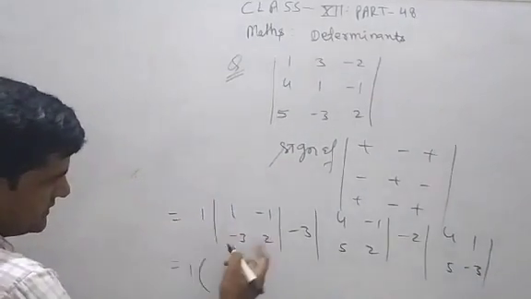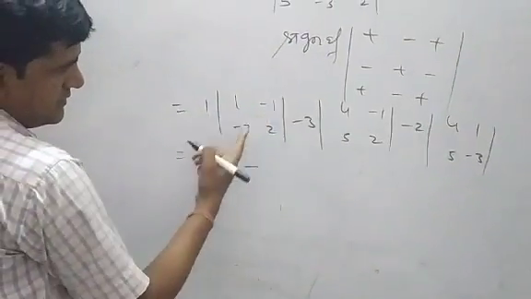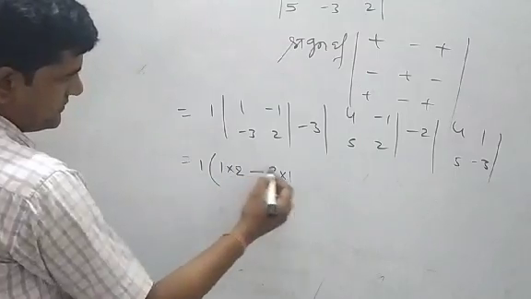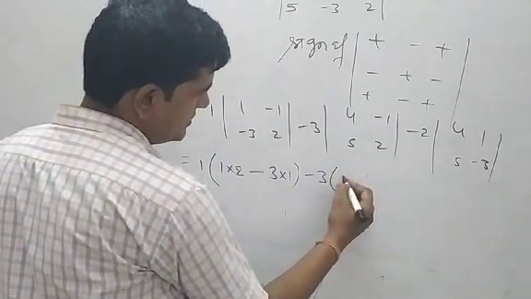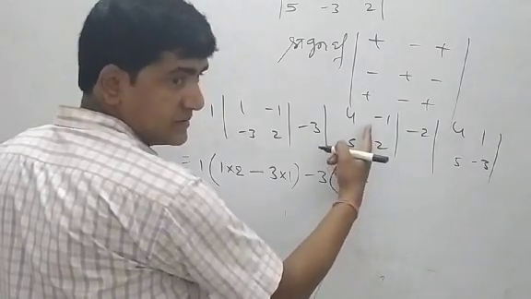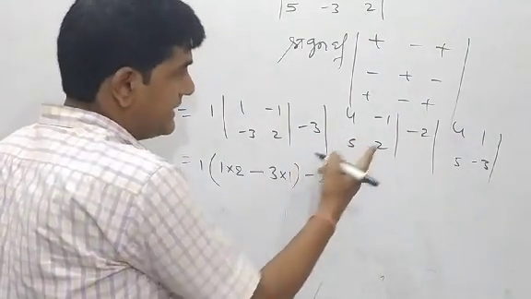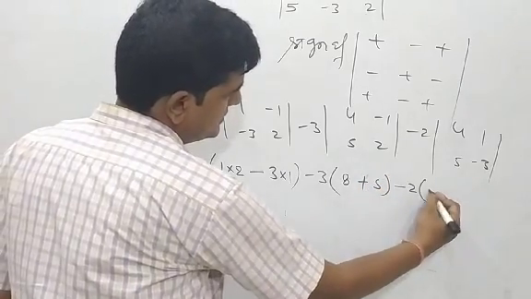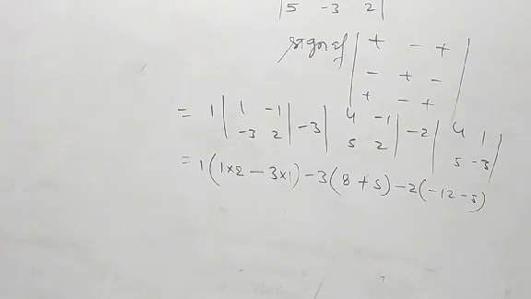After that 1 into 2 minus 3 into minus 1, what? 3 into 1. Clear? Minus 3, 4 into 2 is 8, minus plus 5, minus 2, minus 12, minus 5. Clear?